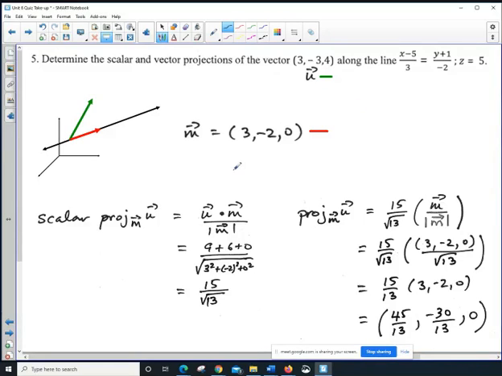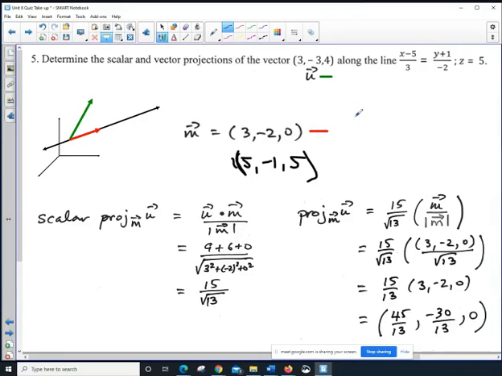Now I know that my point is (5, -1, 5). Let's say I've got a line that passes through this point and has this direction vector.